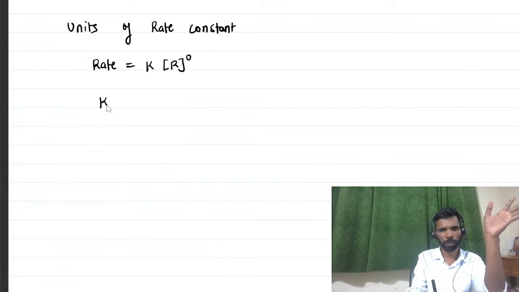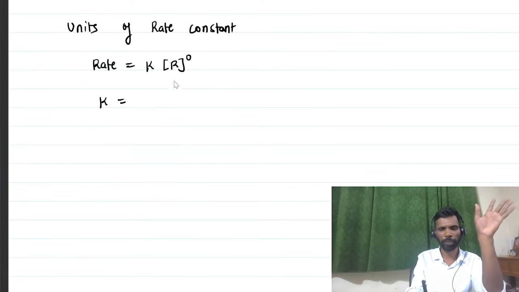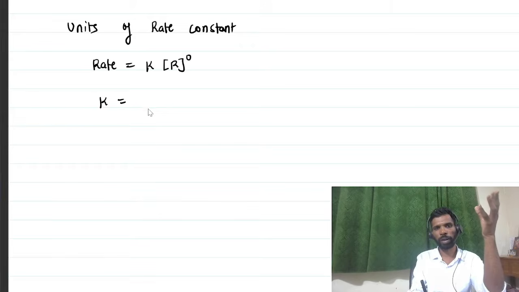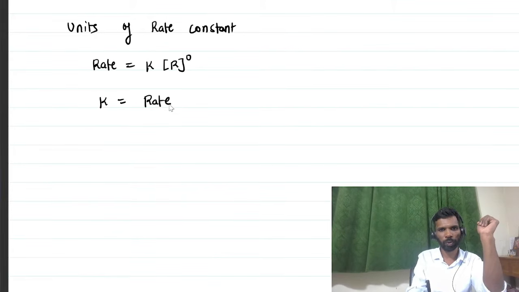So K will be, I can directly make it 1 just for your understanding. If you have to find the order other than 1, I'll write K is equal to rate upon concentration of R raised to 0.